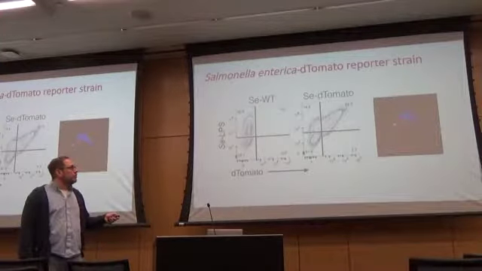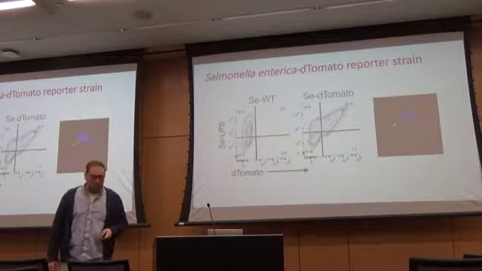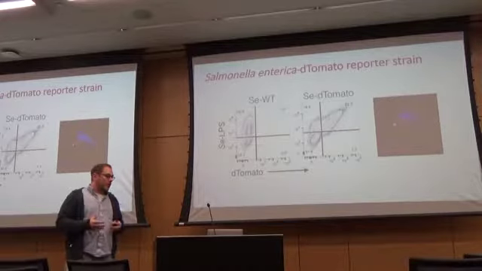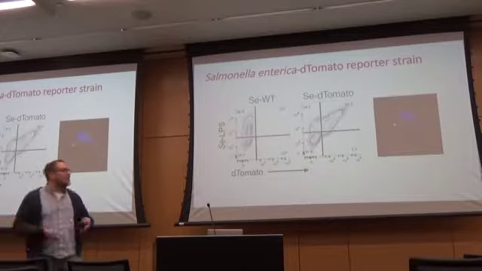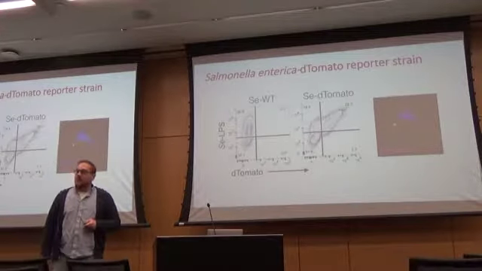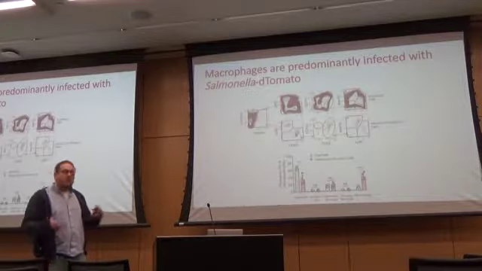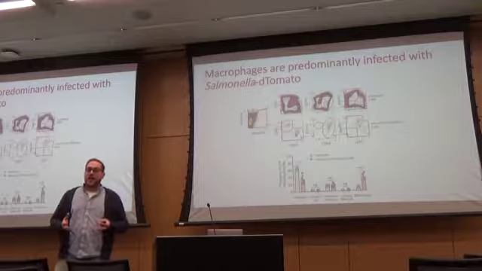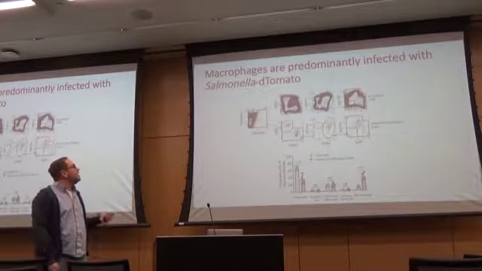You can see the characteristic red bacillus, the nuclei of the macrophage is in blue. So we have a strain that we can use via flow cytometry or immunofluorescence to detect the Salmonella bacteria inside infected cells. Our first experiment was to look inside an infected animal. This is 42 days after infection, so during a chronic time point.